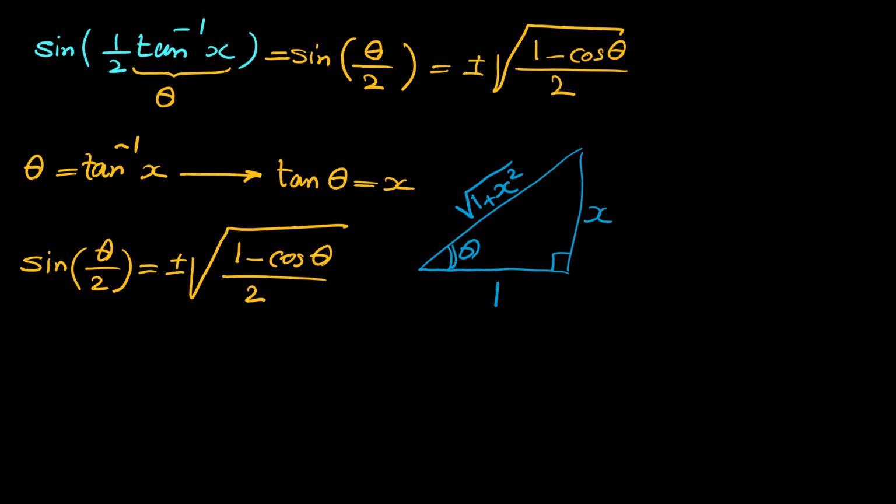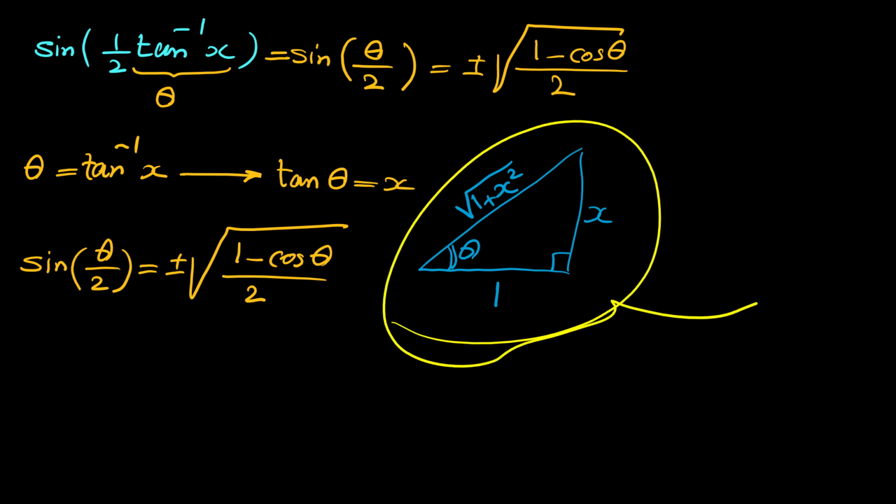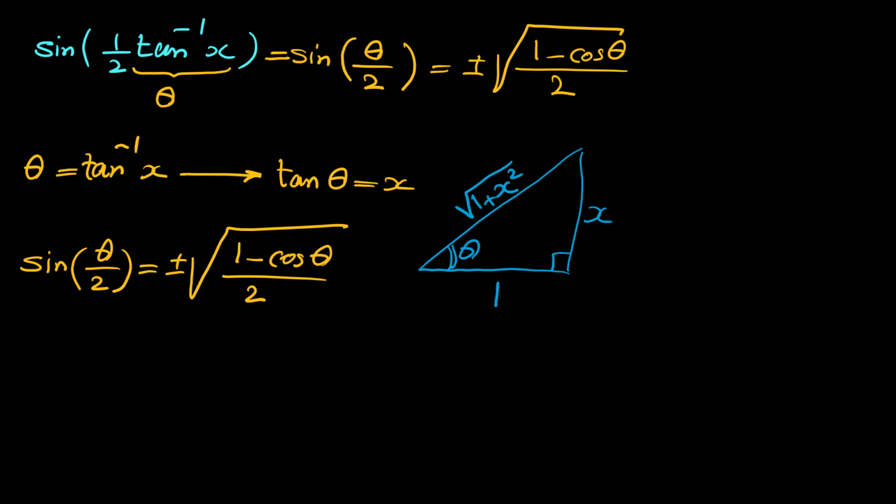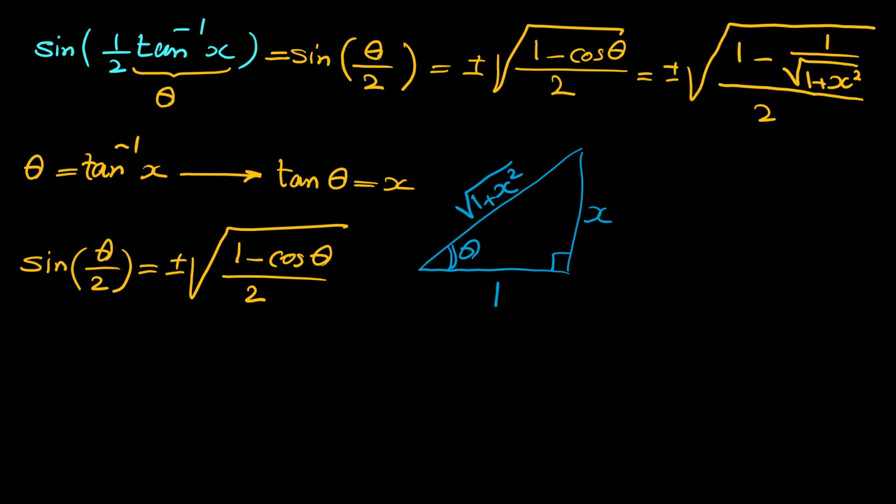Now we can use this triangle for finding cosine of theta. Cosine is adjacent over hypotenuse. So sine of theta over 2 equals plus minus radical of (1 minus cosine of theta) over 2. Cosine of theta is adjacent over hypotenuse, so it is 1 over radical 1 plus x squared, all of this over 2.